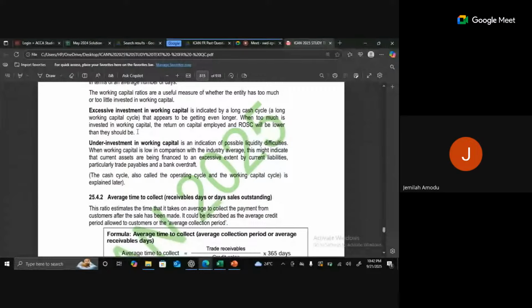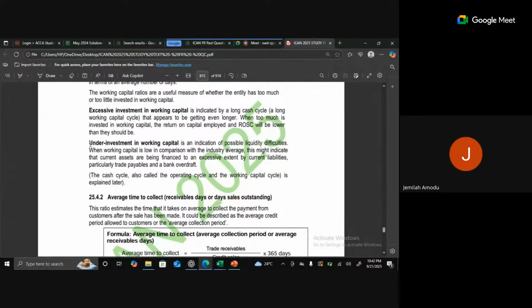So when you calculate your working capital ratio for the previous year and the one for this year, and you see that it has increased, that means your working capital cycle has actually increased. If it takes you a longer period of time to recover the money that others are owing you, then to some extent it will also take a longer period of time for you to pay those that you are owing, and vice versa. And that would happen as a result of you investing too much in your working capital.